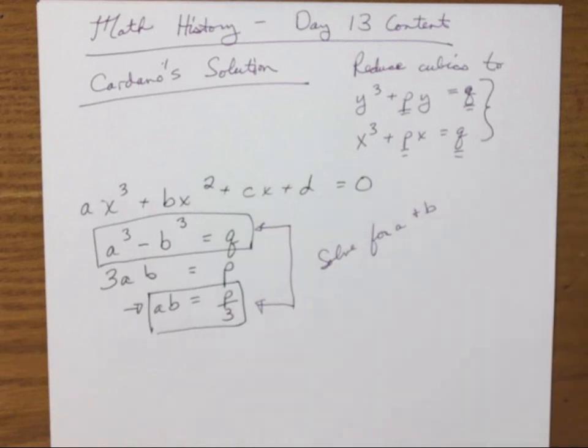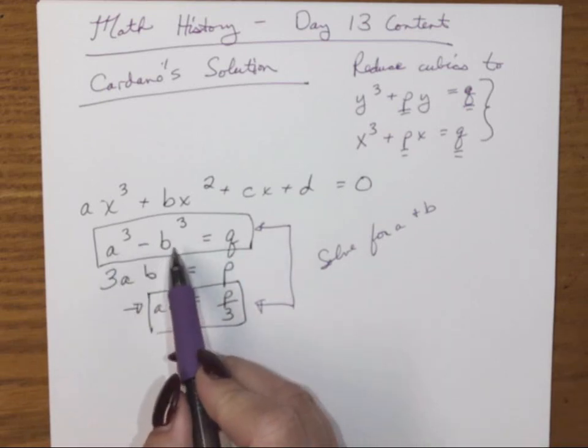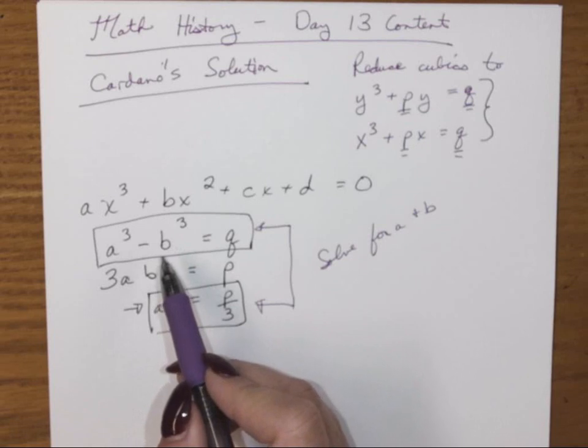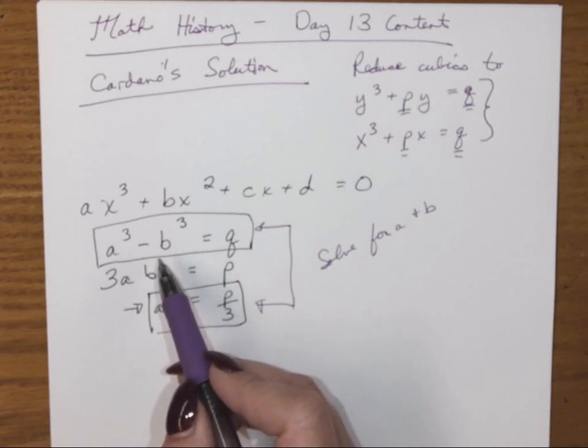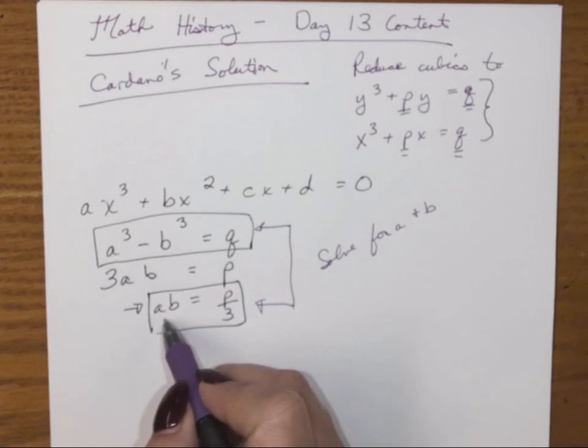Okay. Now we can kind of look at that and say, oh, that's kind of ugly. I don't like the way it is. And basically what Cardano wants to do is kind of get rid of some of the terms in there. So he wants to go ahead and work things out and see what's going on. So for instance, if I've got a cubed minus b cubed, then what can I do with that to make it look similar to the AB guy?